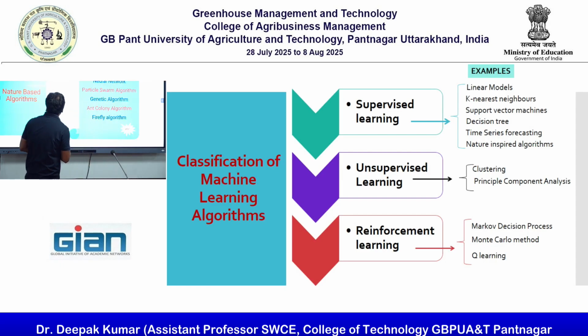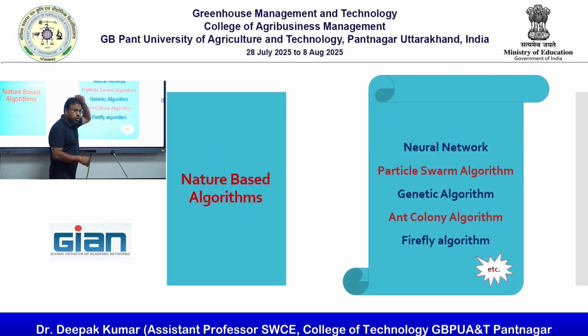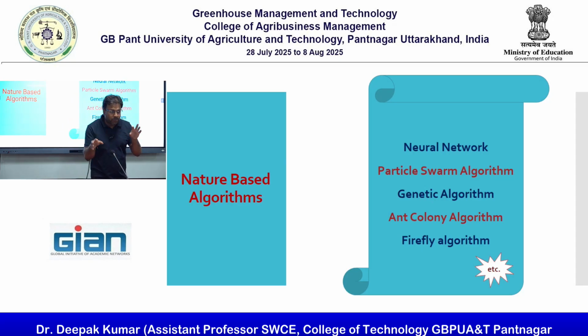Okay. As we are discussing these machine learning algorithms, many of them are nature-based algorithms. For example, we have the neural network. Neural network is very important as far as hydroponics is concerned. What is a neural network? It is related to our neurons. If you have gone through biology, I am not a biology student, but how does our nerve work? The nerve is divided into pieces. One neuron gives information to the other neuron, and another neuron gives information to the next.